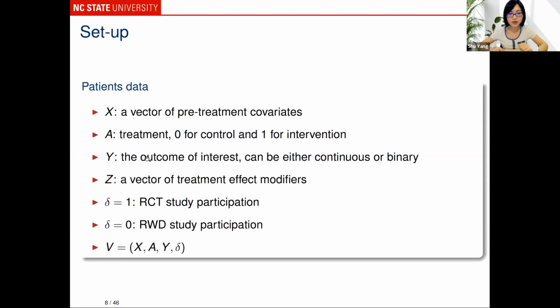Z is a vector of treatment effect modifiers. And in our study, Z is the tumor size. And because we have two studies, we use delta to indicate the study participation. Delta equals 1 indicates RCT study participation. Delta equals 0 indicates RWD study participation. And then finally, V summarizes all the variables.